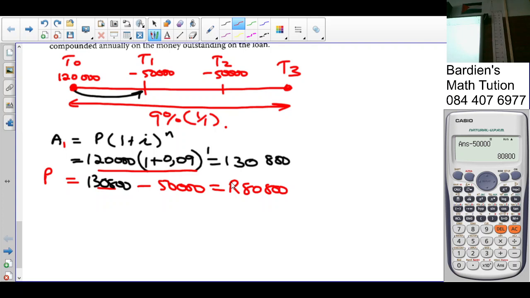So what happens now? At this point, it's going to draw another year's interest. Not so? So A2 is equal to 120,000 into, not 120,000, sorry.